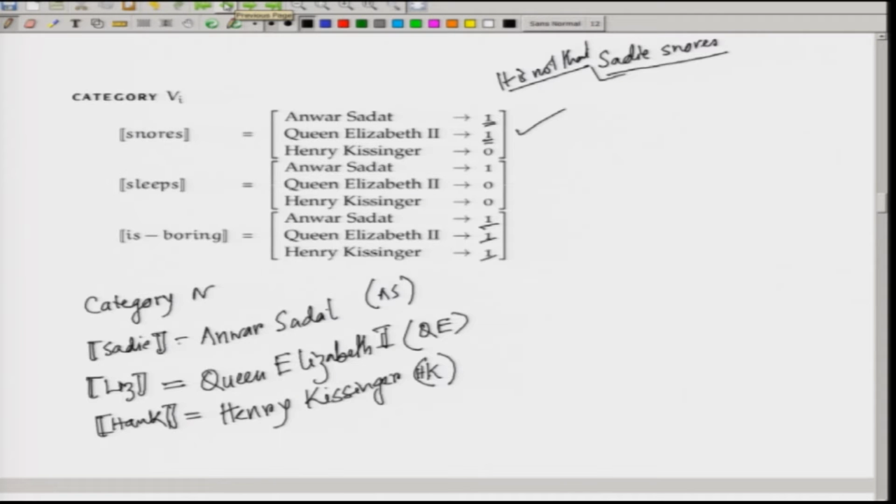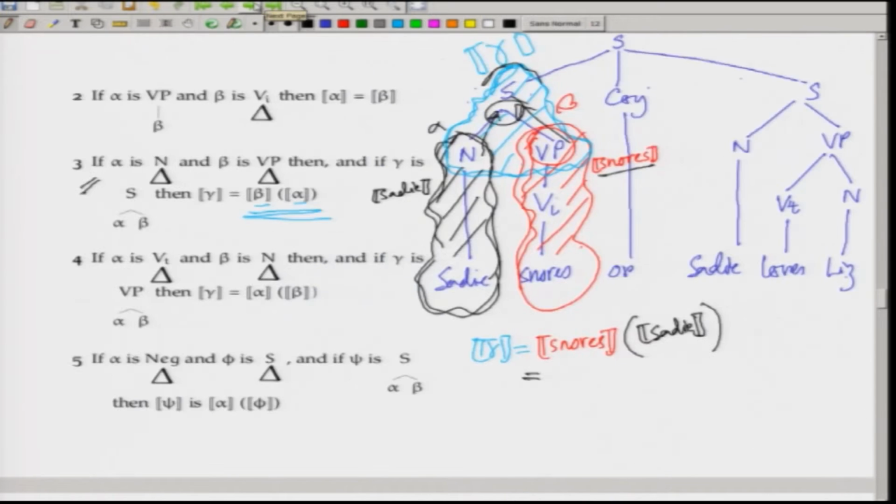We remember this entire thing, we get back to our exercise book and copy: AS snows and QE snows, whereas HK doesn't. Now, what is the reference of Sadie? The denotation of Sadie is actually AS, and then finally what we get is 1. Now AS is taken by this, and finally this is the result of it.